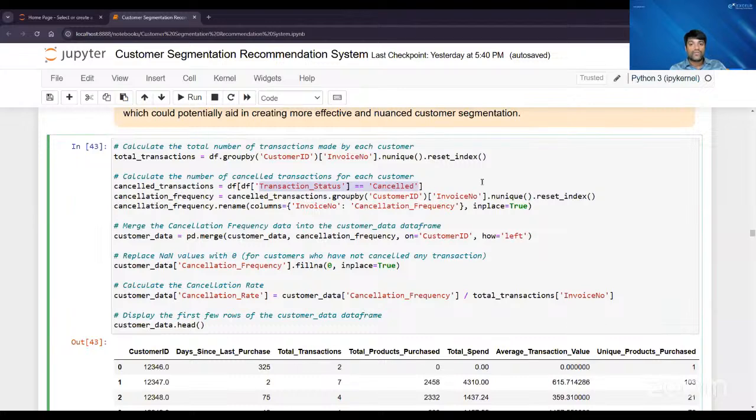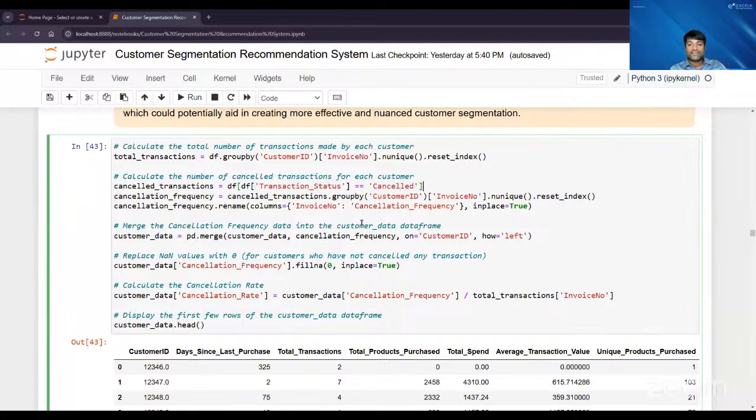We will do that by grouping by customer ID and invoice number. Using the nunique function, it will uniquely identify the unique values in the customer ID and the invoice. In that, I'm going to identify whether the transaction status is cancelled or not.